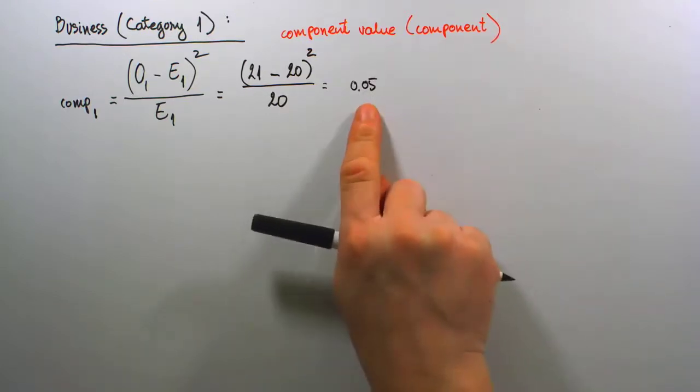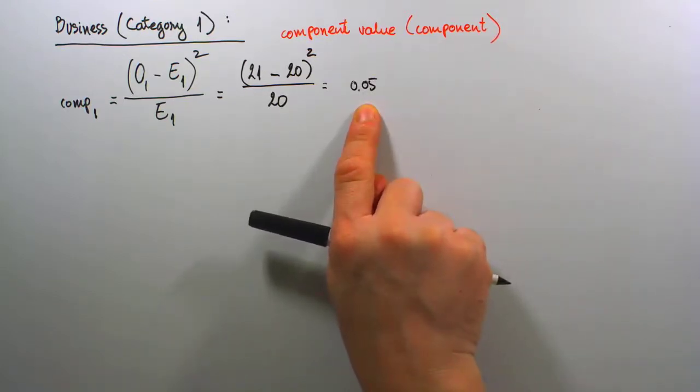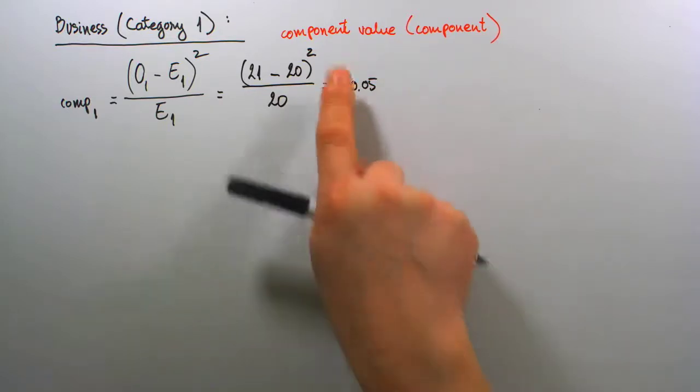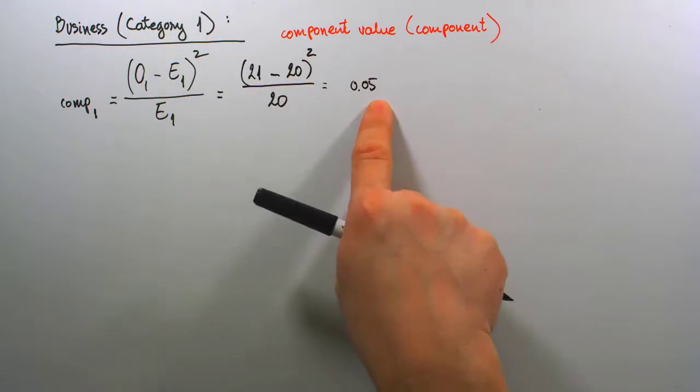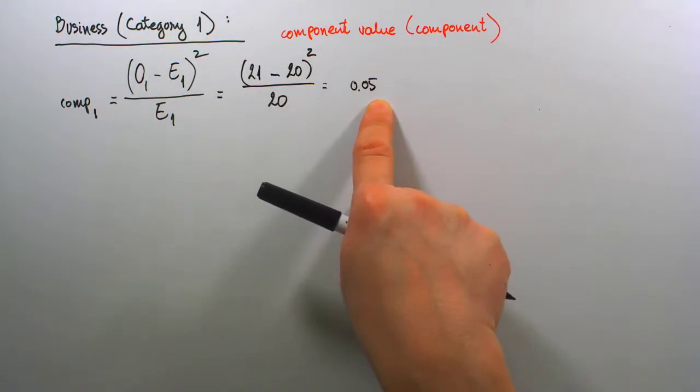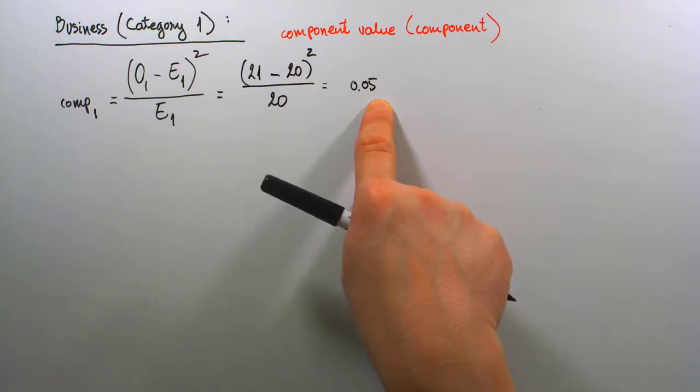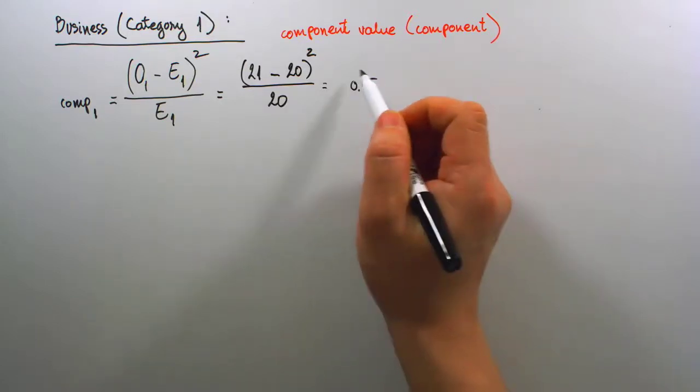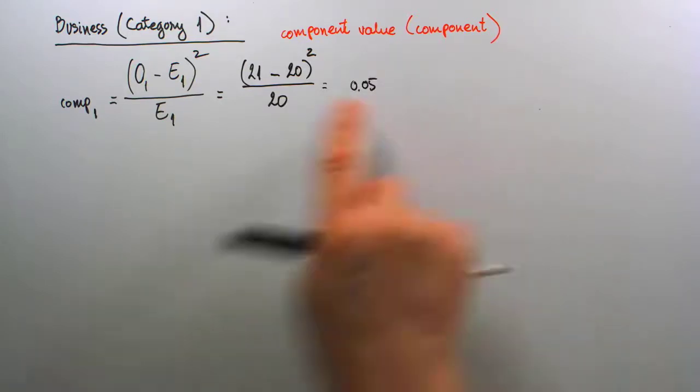And for the rest of the lesson here, and with many other lessons about performing a chi-square test, anytime it comes to component value, I will round to 2 decimal places unless specified otherwise. But again, I am leaving that responsibility for viewers and students to watch for your own rounding requirements in any of the problems that you are doing. And so this is my components value for category 1.